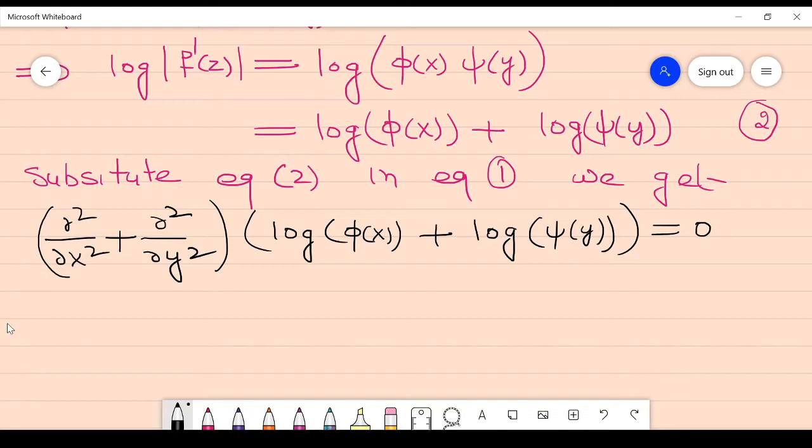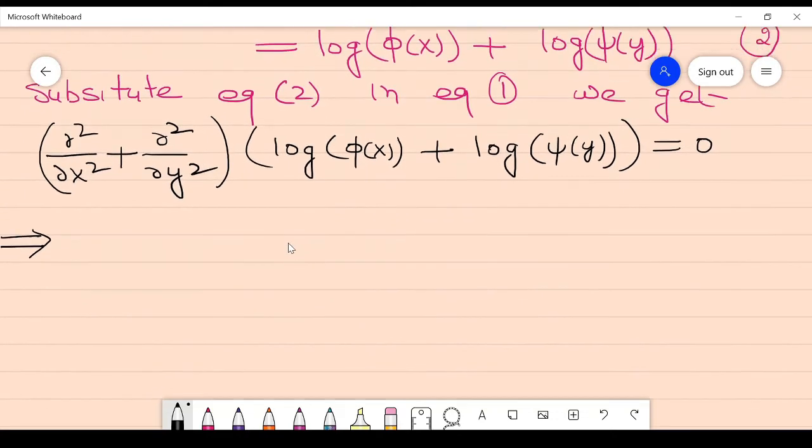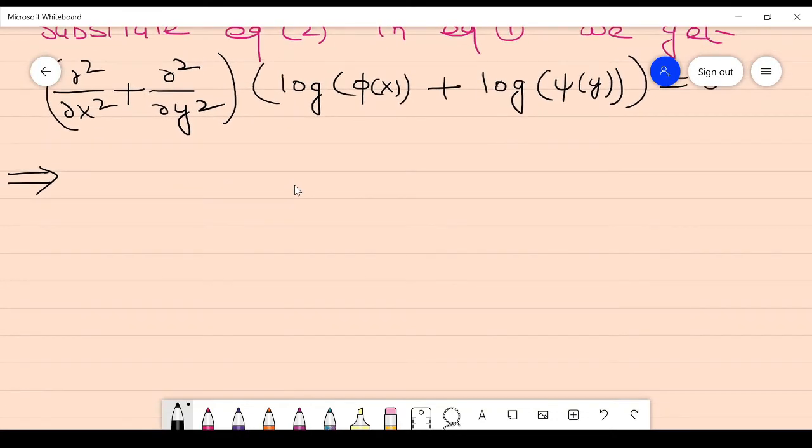It implies the first part, log of φ(x), is a function of only x, and the second part is a function of only y.